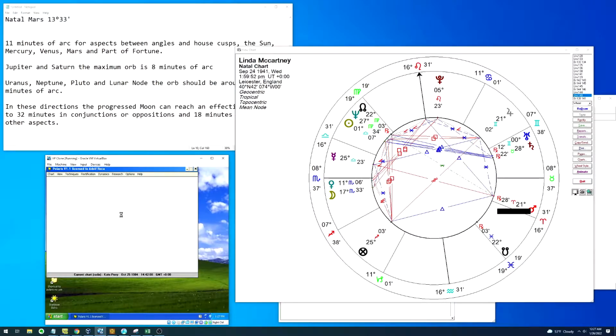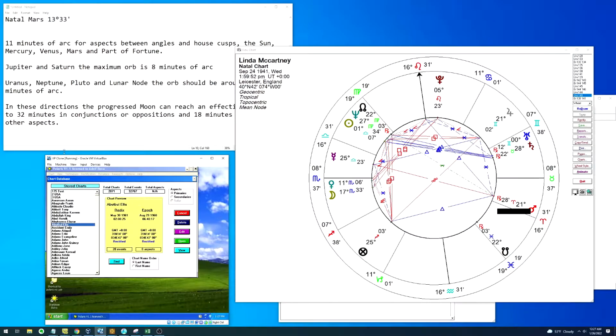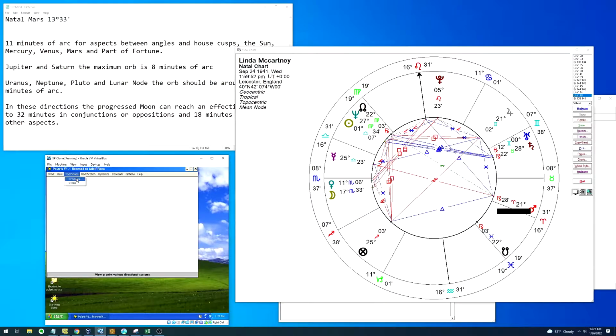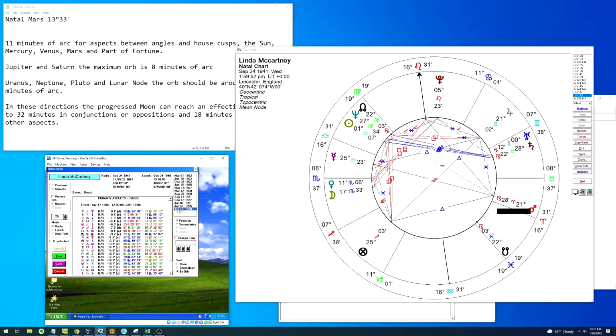Now if we move to a more dynamic perspective, for the date of her death, this ascendant moves to a conjunction with Neptune in converse motion in secondary progressions. So it's basically a regression. It moves backwards to a conjunction with Neptune.